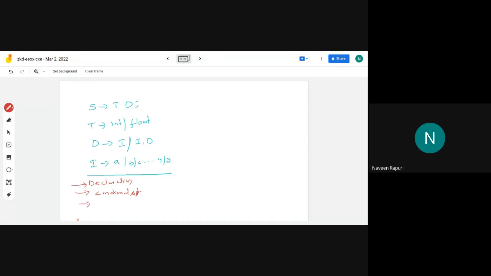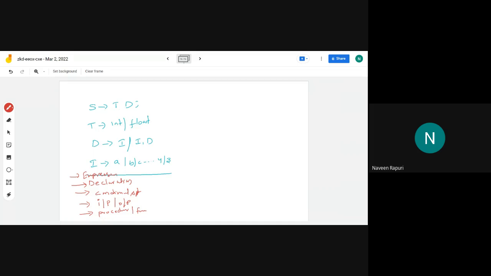Next is the input or output statement. Next is a procedure or function. And next is an expression. These are the different kinds of statements present in programming.